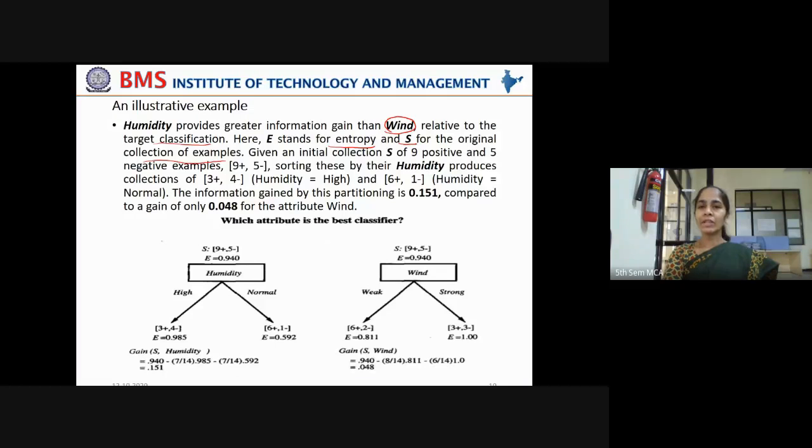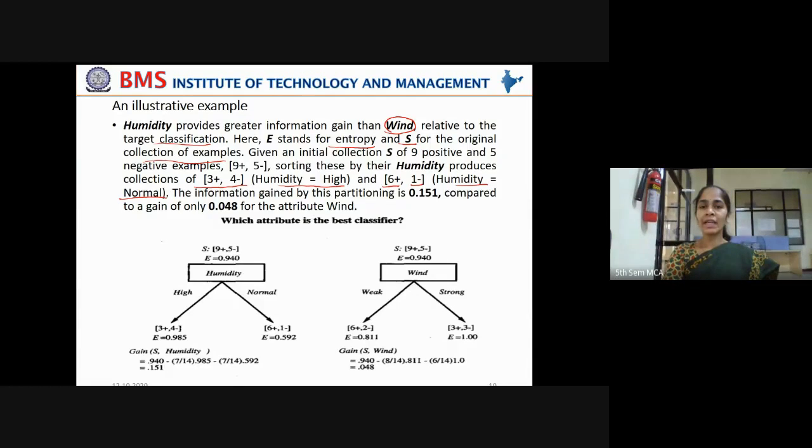Now given an initial collection S of 9 positive and 5 negative examples out of total 14 examples, sorting these by their humidity produces how many collections of examples now? 7. Out of them, 3 are positive and 4 are negative, having humidity value as high. And 6 of them are positive and 1 is negative, having humidity value as normal.